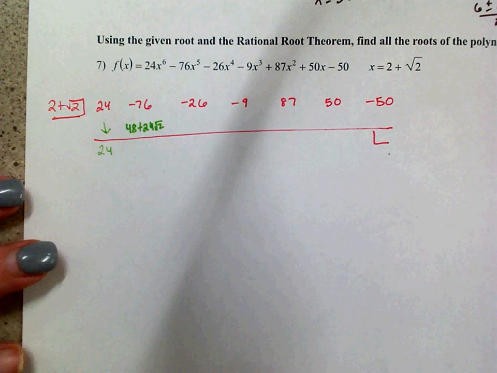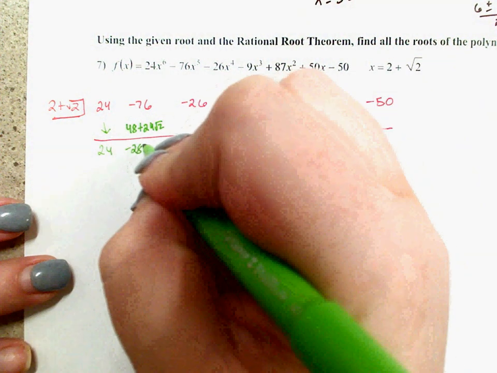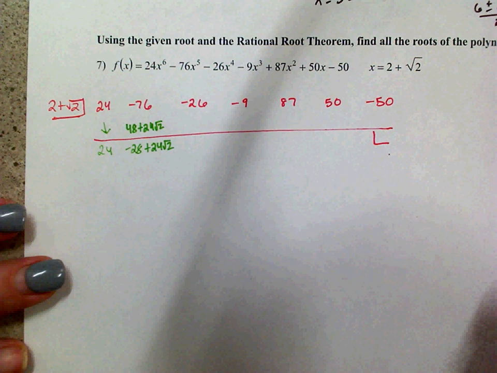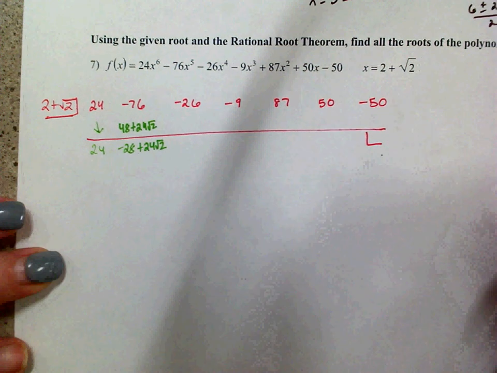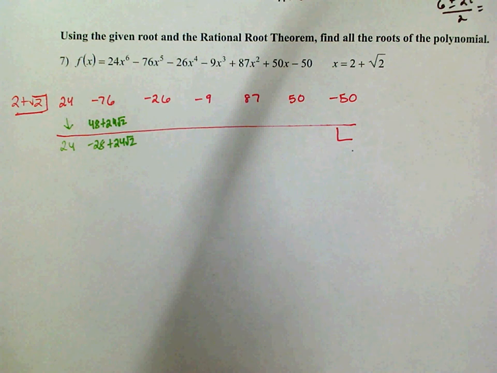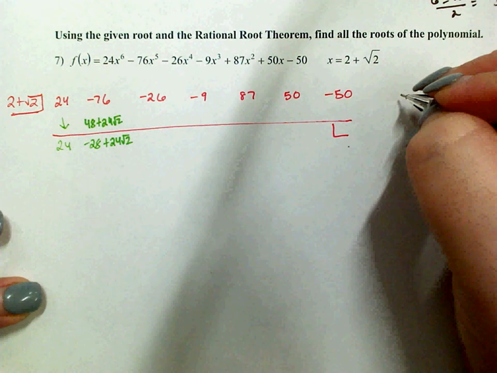Negative 28 plus 24 square root of 2. All right, I need to multiply that out, so I'm going to go over here. And I'm going to change bins. It's 2. Okay, so 2 plus the square root of 2 times negative 28 plus 24 square root of 2.